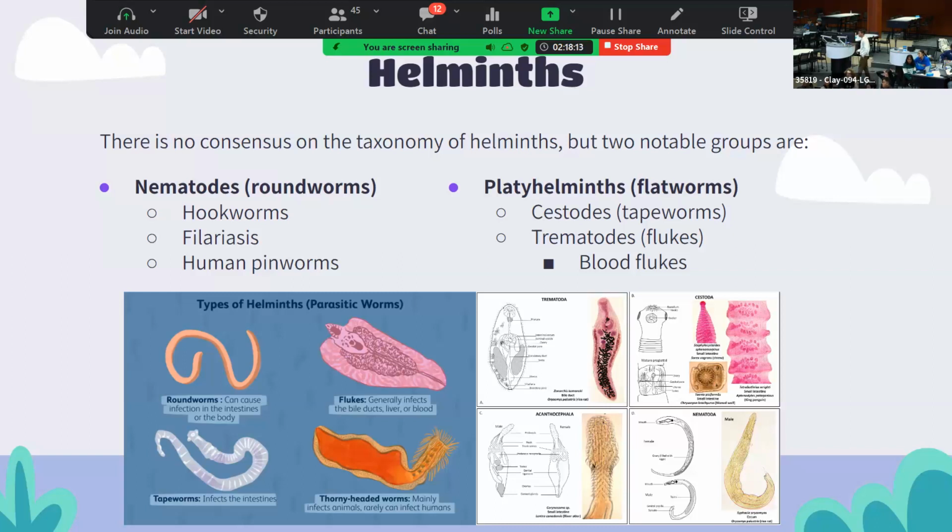And the specific example we had in the lectures were blood flukes. If you're curious about the difference between tapeworms and flukes, you can see it in the right image, the top left box and the top right box. One is segmented, and that's the cestodes, and one is not segmented, and that's the trematodes, the flukes.